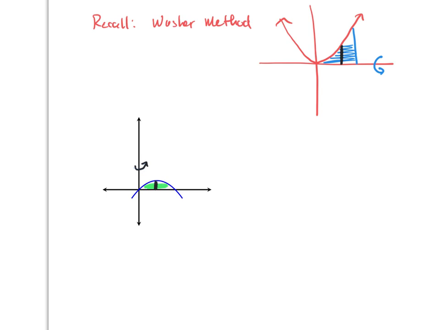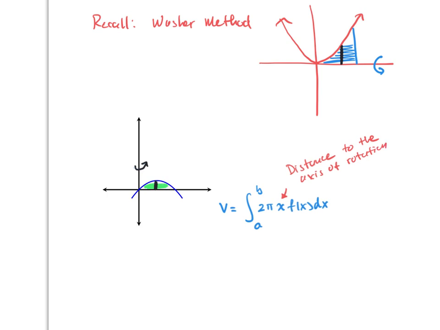Okay? And then the formula for the volume is going to be the integral from a to b of 2 pi x f of x dx, where x is the distance, and this is very important, to the axis of rotation.